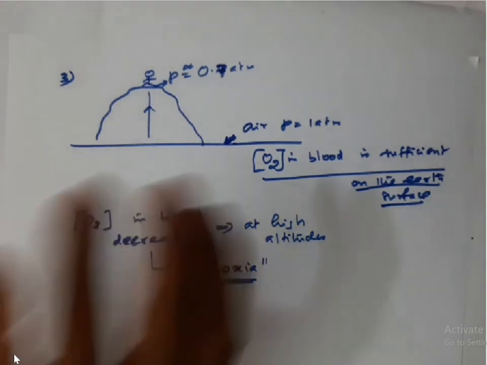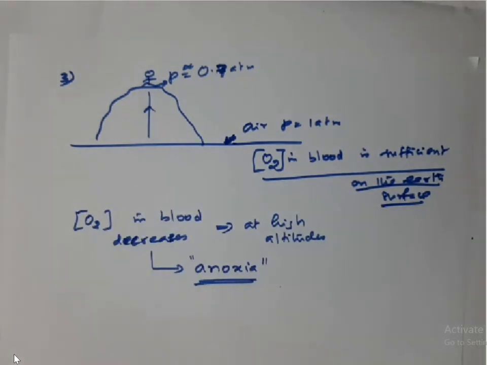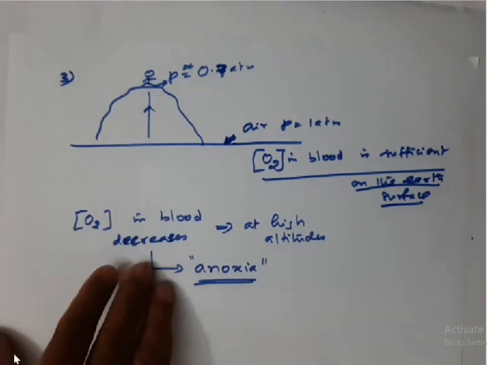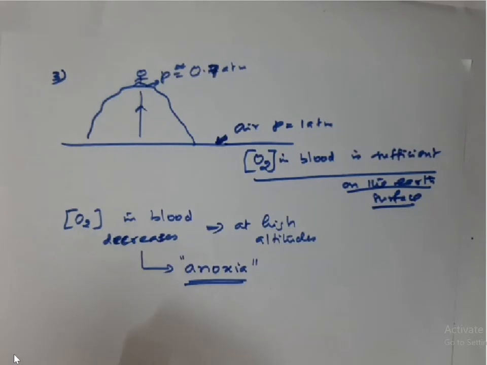These are some applications of Henry's law. Now, with this we have completed the part called solubility. Now let me move over to the next important part called vapor pressure.